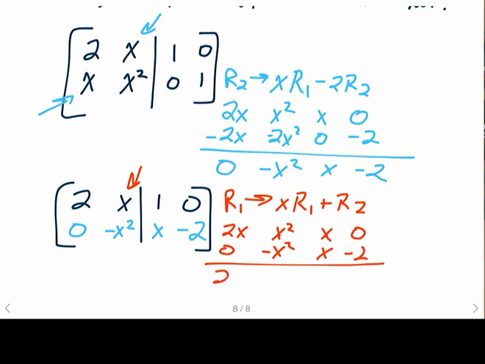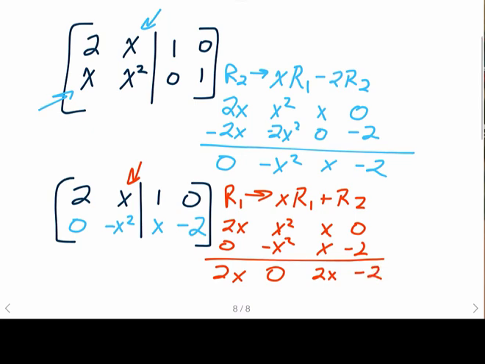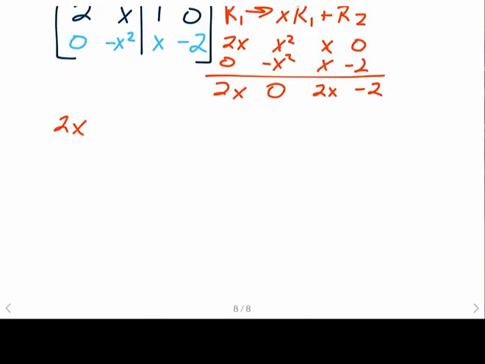Adding those together gives me 2x, 0, 2x, negative 2, right? We're just combining like terms. That's our new row 1, 2x, 0, 2x, negative 2. I guess I could divide out by 2, but it doesn't matter at this point. And row 2 was unchanged, 0, negative x squared, x, negative 2.